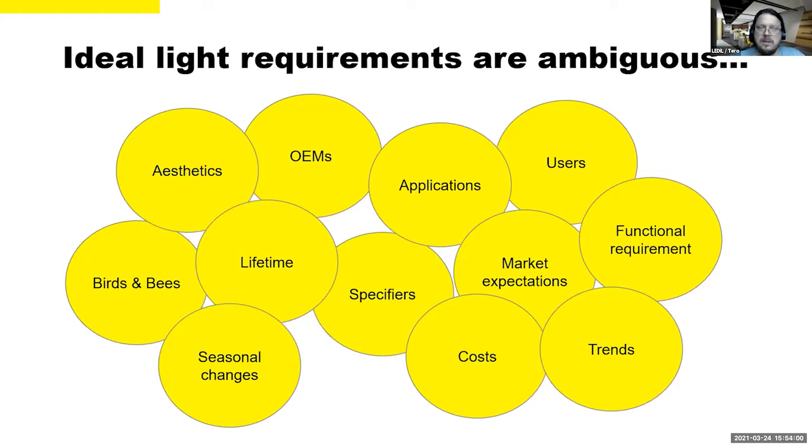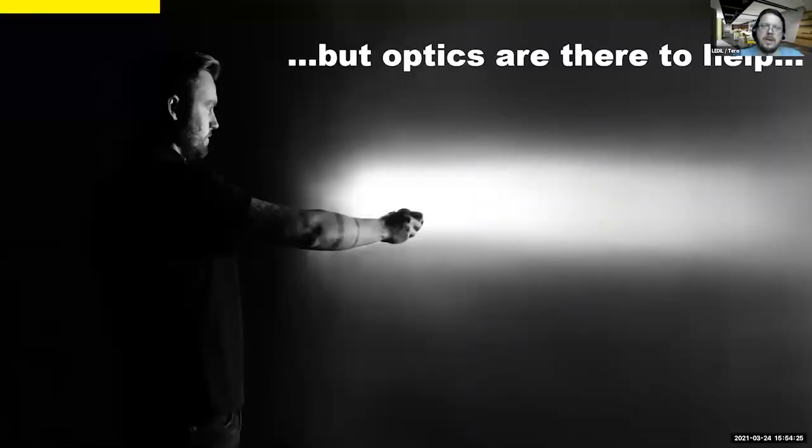It's not very feasible if we have luminaires or lighting fixtures which are so expensive that nobody can afford to use them in practice. And then, of course, trends are always shaping it. So you can see how huge and holistic a problem the search for the perfect light can be. But we can help with the optics.